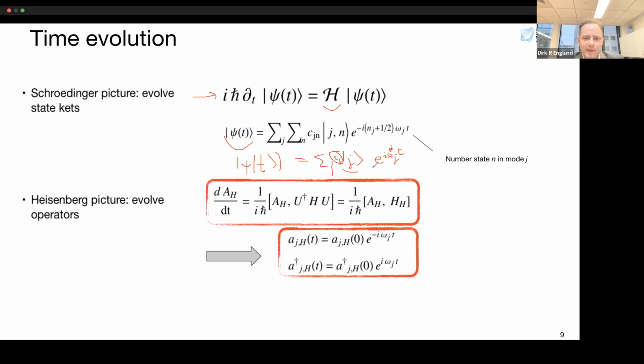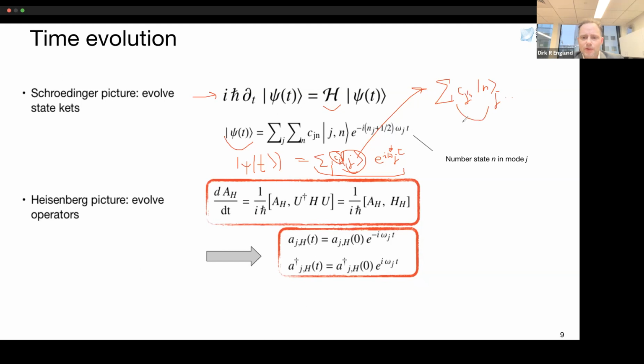Now, if we expand this expression for the state J into the set of the Fock bases, so this one being C sub J n times Fock state n, for state J, and so on.